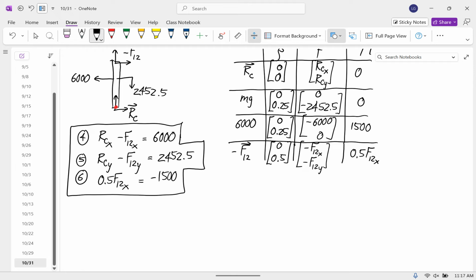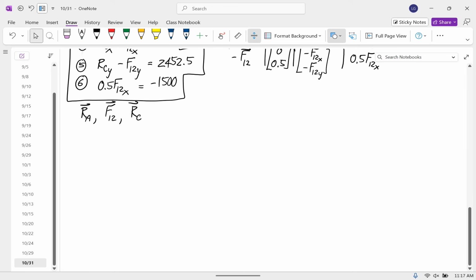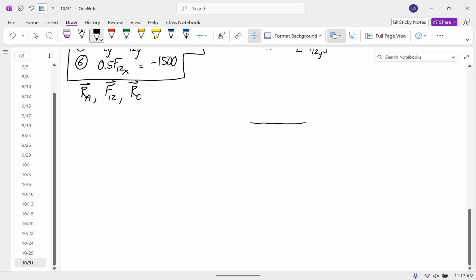We have 6 equations, so hopefully we have 6 variables. Our variables are RA, that's a vector, so that's 2 variables, F12, and RC. So 6 equations for 6 variables. So my augmented matrix needs to have 7 columns and 6 rows.